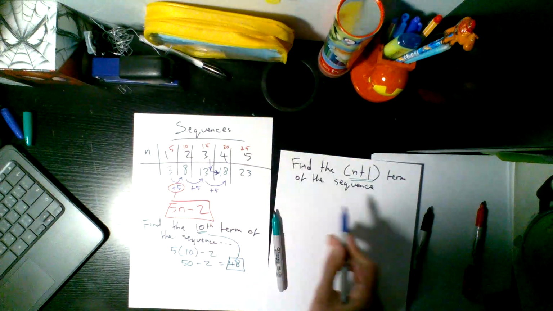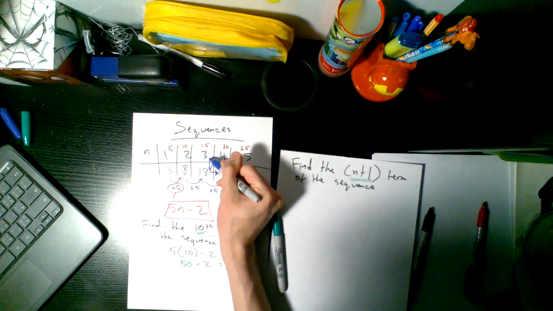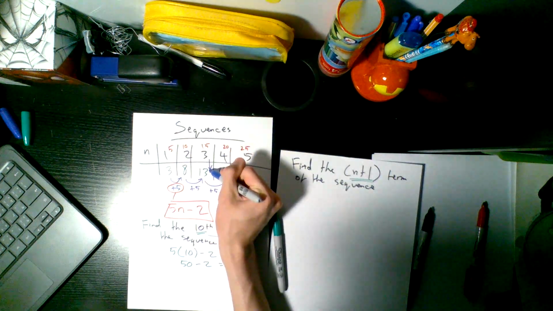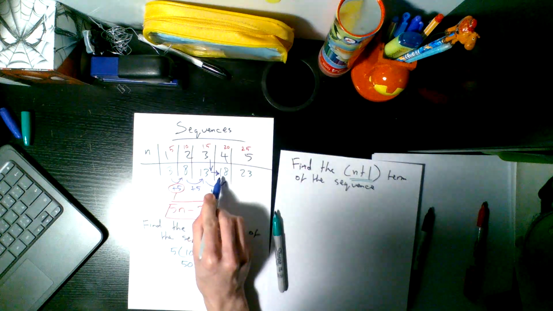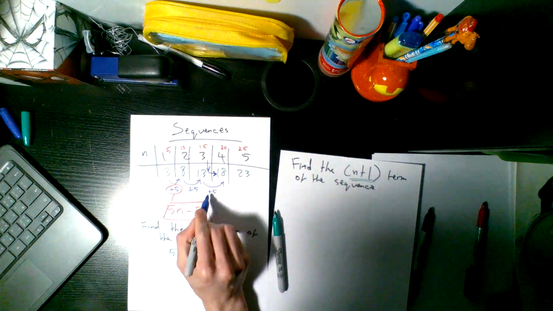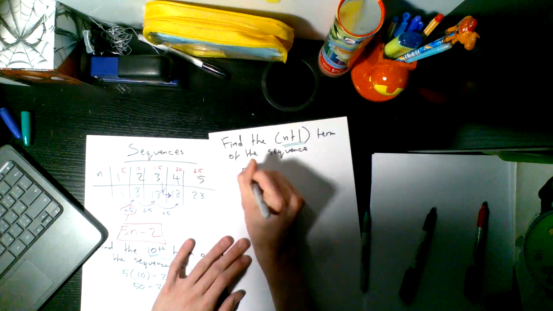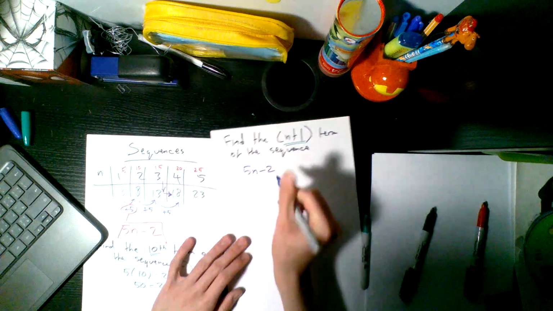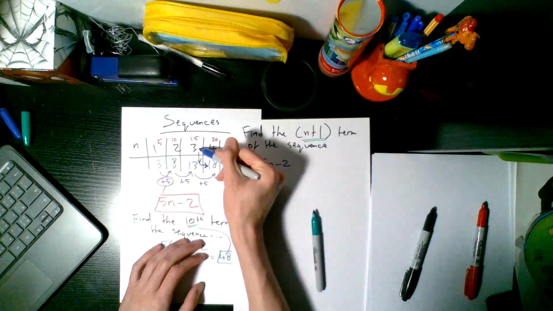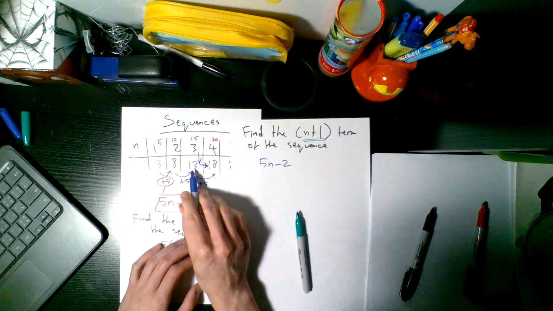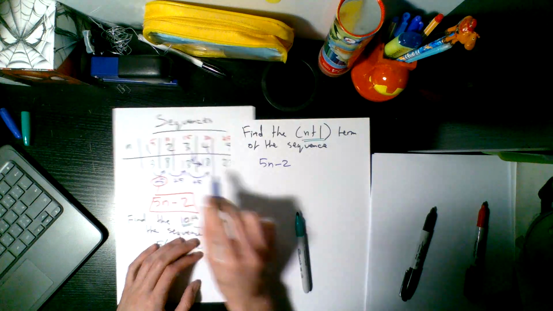So basically, you're still doing the 5n minus 2 to get from this to this. And then you also have to go from here to here. What do you do from here to here? You just plus 5. So our formula, the nth term is 5n minus 2, right? 5n minus 2 to get to this. And then to get to the 18, we have to add the difference, which is 5.